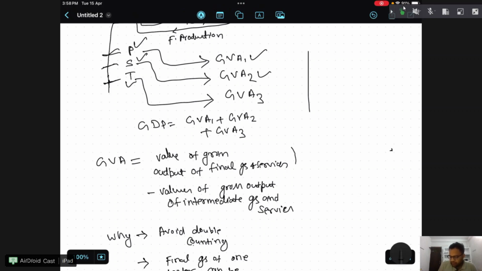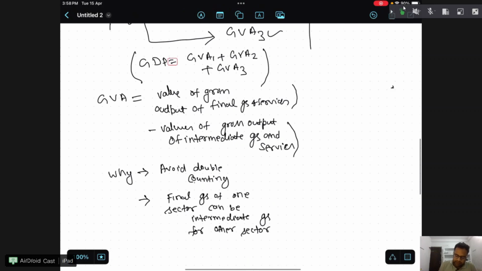So we find the final value of goods and services and subtract the intermediate goods and services. We will get the gross value added 1. So find the gross value added 1, find the gross value added 2, find the gross value added 3, and then add them for all the sectors: primary, secondary and tertiary. We will get the GDP. This is the first method to calculate the GDP.